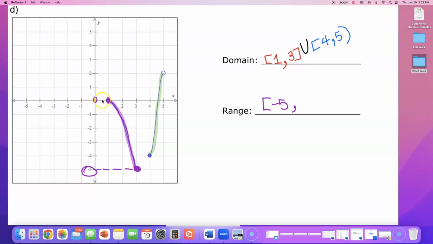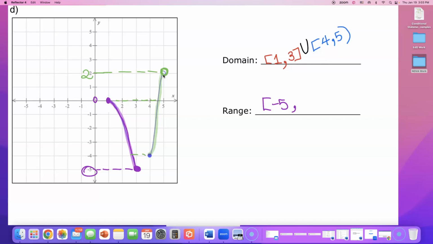But what happened is, if I go to this other graph right here, the green one, it starts. Actually, it was already started down here. It continues. It's like the purple one stops at 0, but the green one keeps on going up. You see, the green one goes up as high as what number? 2.